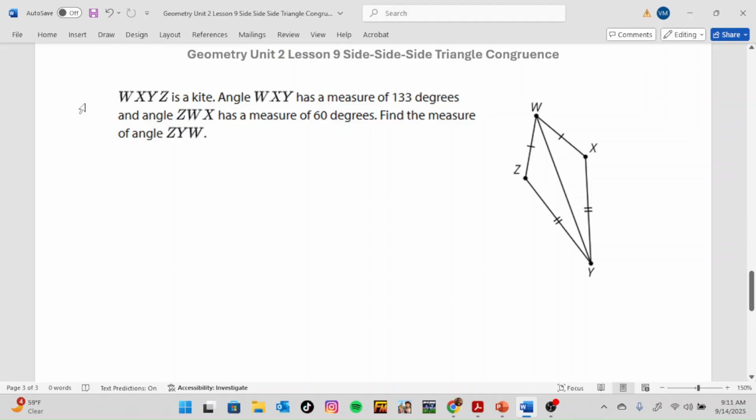Practice problem number 3 says WXYZ is a kite. Angle WXY, that's this angle right here in red, has a measure of 133 degrees.